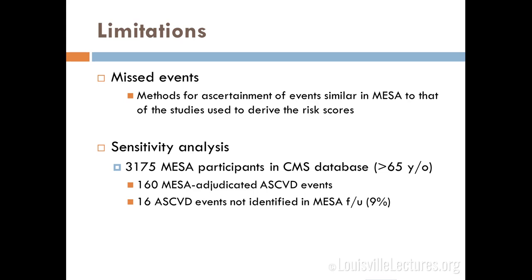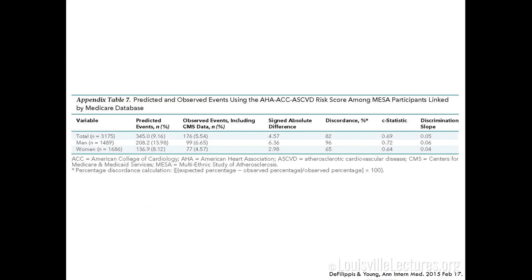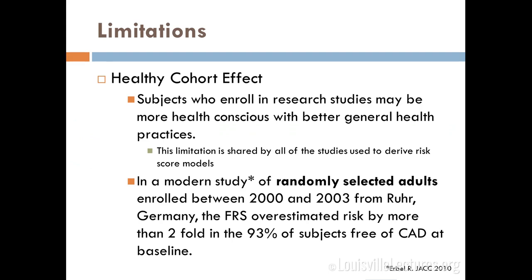And of those 3,000, they had 160 MESA adjudicated events. Beyond this 160, there were 16 billable diagnoses consistent with ACS. And so when we added those in a sensitivity analysis, as if they were events, we didn't try to adjudicate those 16, so forth, it really didn't make much difference. There was no real difference in how much overestimation the new risk score still performed. So that didn't seem to be a big problem for us.